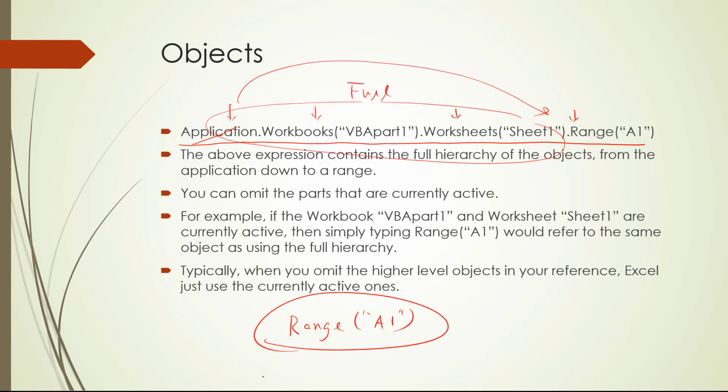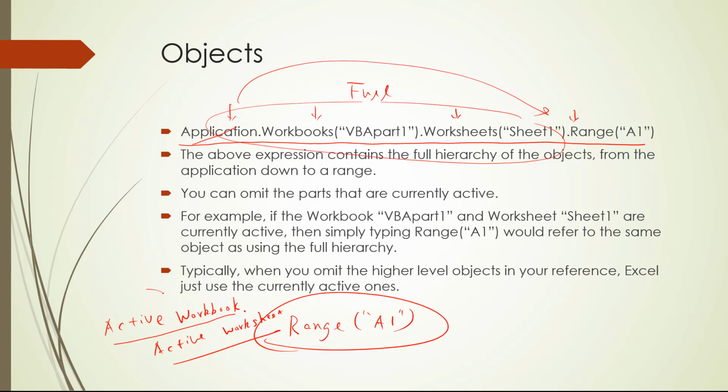Because if you do this, then Excel will assume that what you mean is the cell A1 in the currently active workbook and the currently active worksheet. So if you do not include any of these upper level objects in your reference, and just say cell A1, then Excel will assume that what you mean is the A1 in the currently active worksheet and the currently active workbook. So what does that mean?